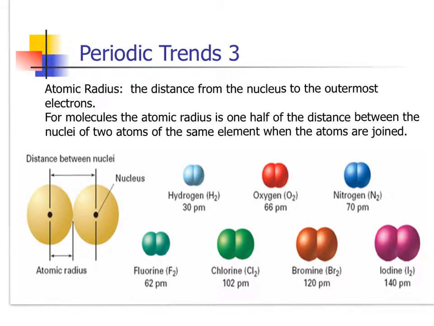Because if we remember back from the previous unit, the nucleus is so massive and dense that it's actually measurable. And so they go under the impression that half of that distance between the two nuclei would be the radius, because they can find those two parts. Actually measuring where that last electron is on an atom might be extremely difficult.